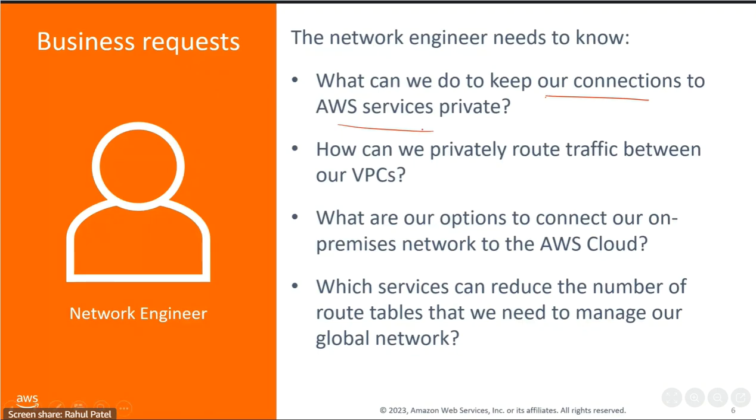We will understand the scenario and try to answer how we can keep our connections private, so that if two services on AWS are communicating with each other, the data does not travel through the public internet and instead travels through the AWS backbone network.